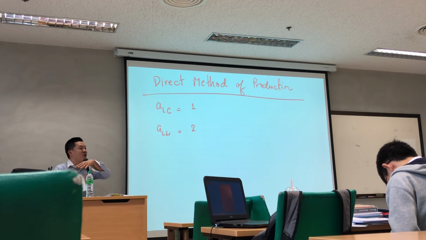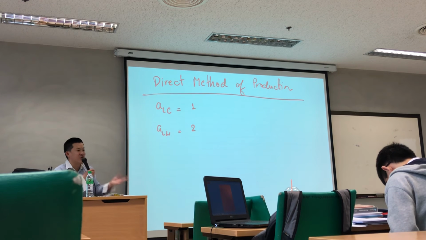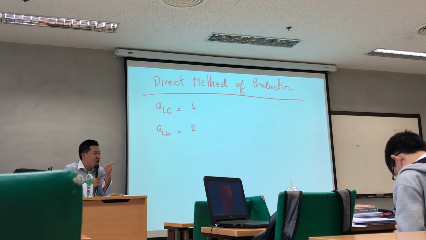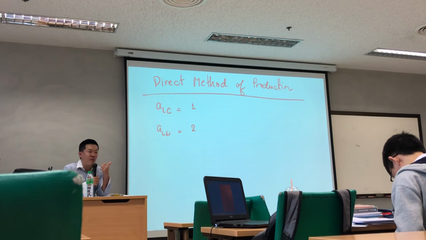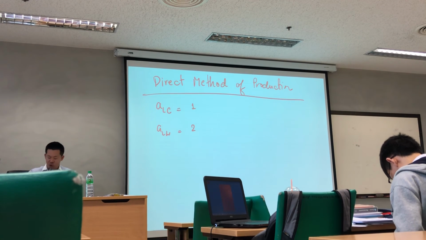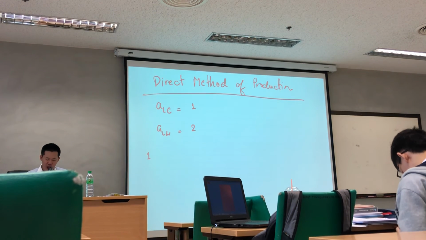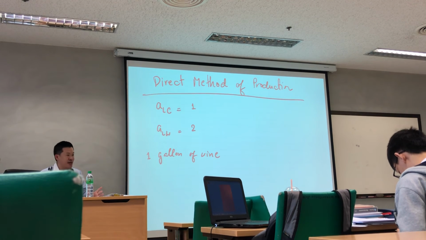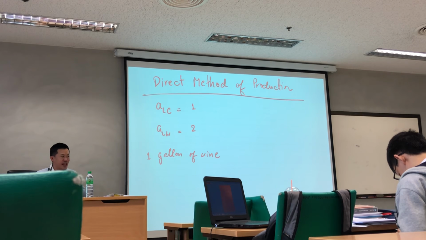Let's say if there is no trade, if you want to consume wine, you have to produce wine, right? If you want to consume 1 gallon of wine, then how many hours of labor do you need?